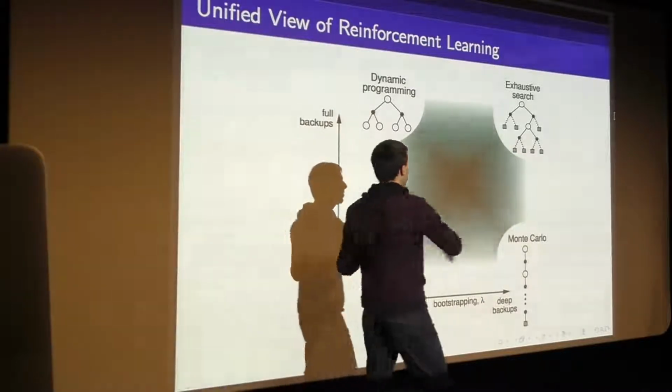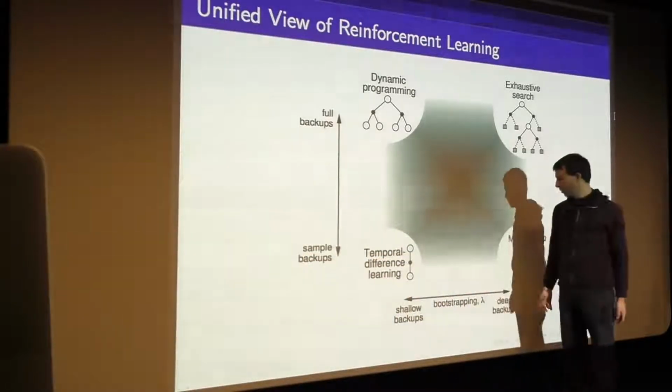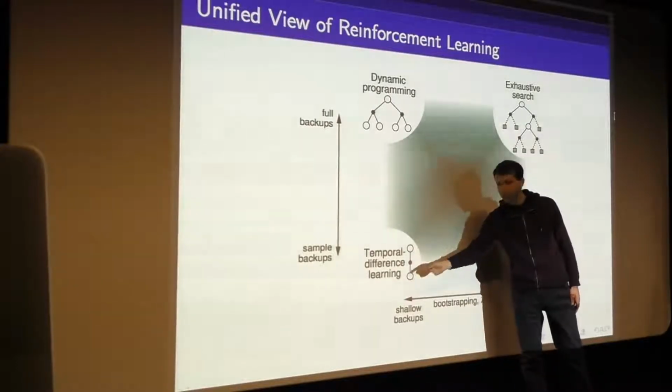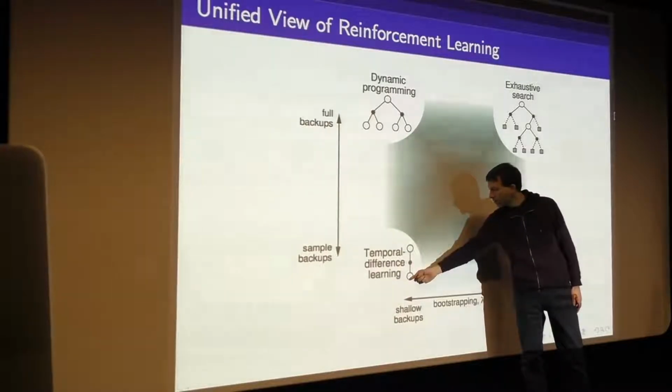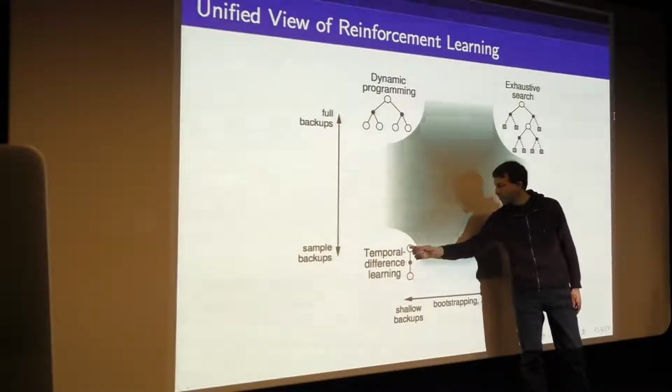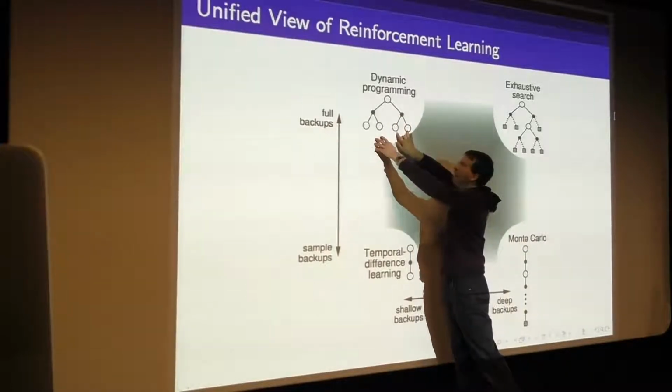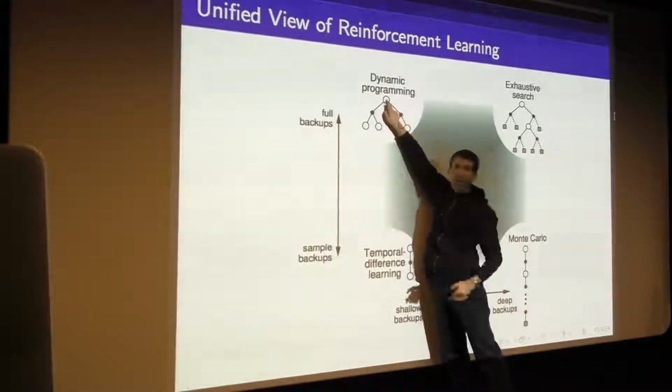And then in this dimension here, we've got methods which bootstrap from our value function after one step. So they only have to go this shallow look ahead. They look ahead one step and then update from the value function here towards the value function here. Or in dynamic programming, we do a full width look ahead, but we update from the value function here to the value function here.